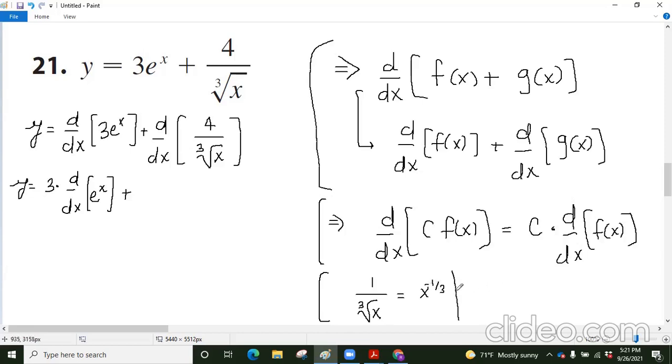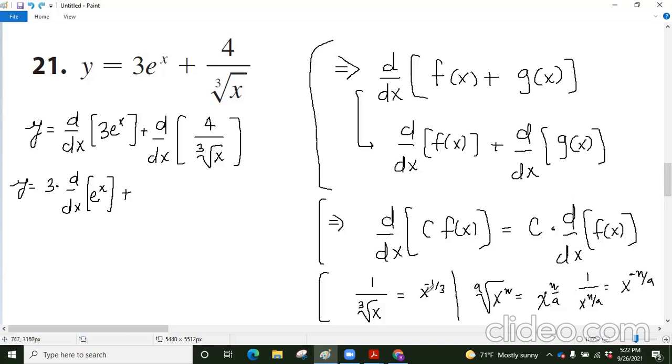Because we know that a to the x to the n is equal to x to the n over a, but if it's in the denominator, then that's just x to the minus n over a if you bring it up to the top. So that's the reasoning there.